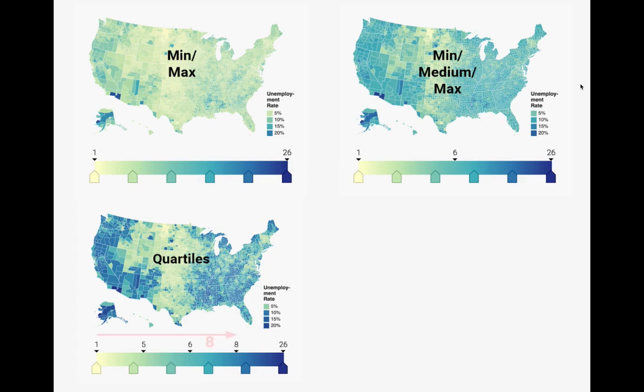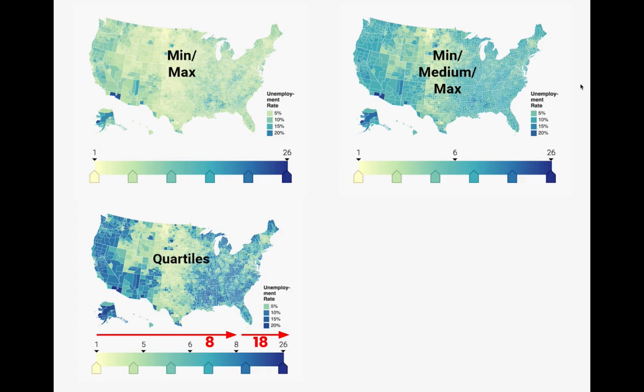So if we do this, as in this example, we have 75% of our counties lying between the value 1 and 8, which is an 8% increase. So all counties that have between 1 and 8% unemployment rate are now on this color scale. And the other 25% of our counties have an increase of 18%, right? From 8 to 26% unemployment.